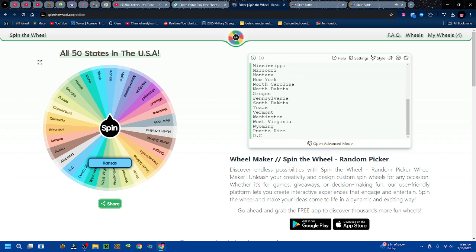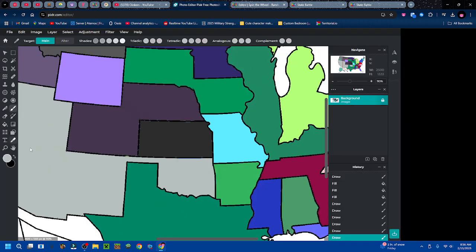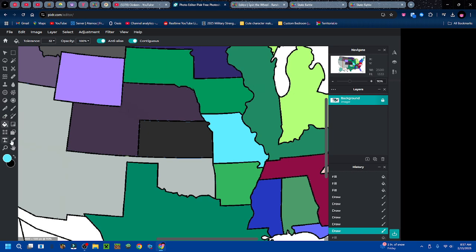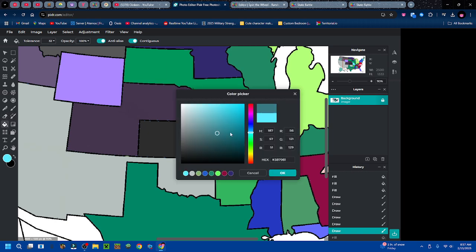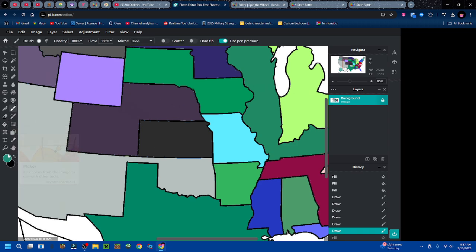If I can find you guys on the wheel. There you are. Oh. What? Excuse me? Maybe get a new color for them? No, it's... Oh, no. Okay, we're gonna have to color over this by hand.